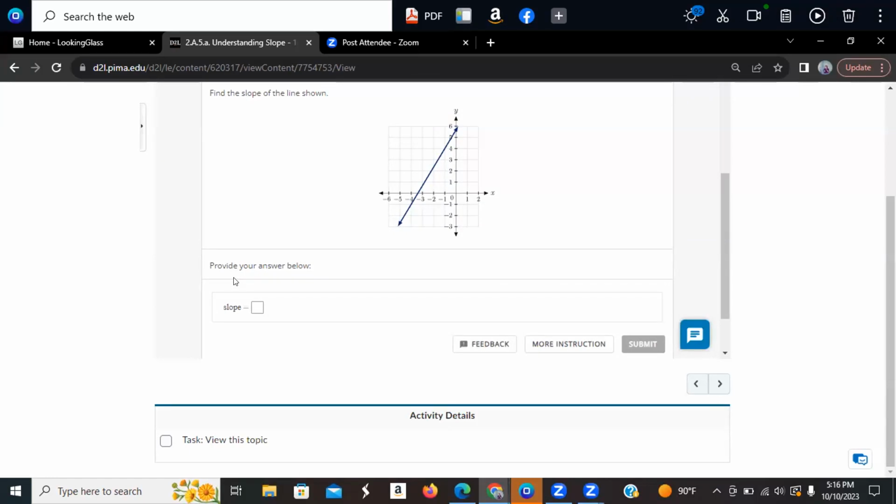Okay, which points are you going to choose for your slope? Go perfectly through the lighter lines. Right there where your cursor is, I agree.